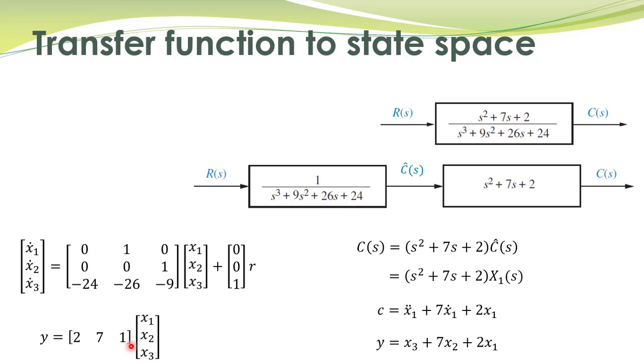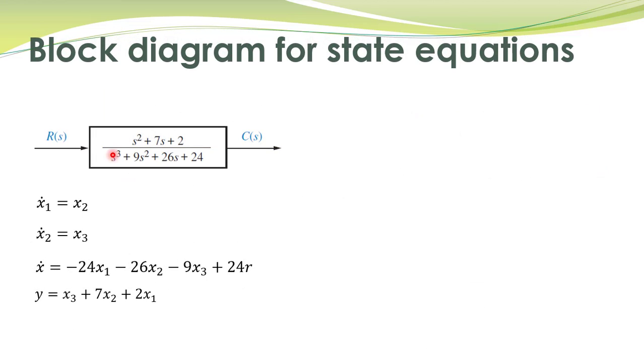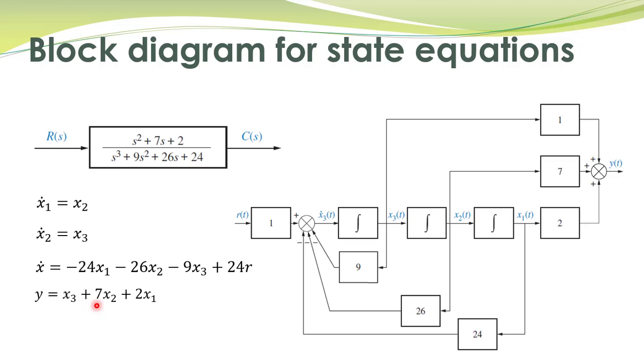Is it clear? We can also obtain the block diagram representation of these state equations. It is the same as we did in the previous slides. The only difference is the output equation. These state equations can be easily represented with a block diagram. So here is the block diagram representation of these state equations and the output equation.